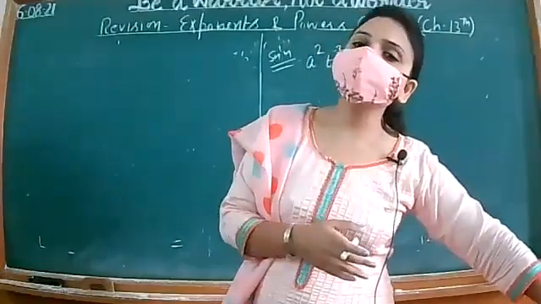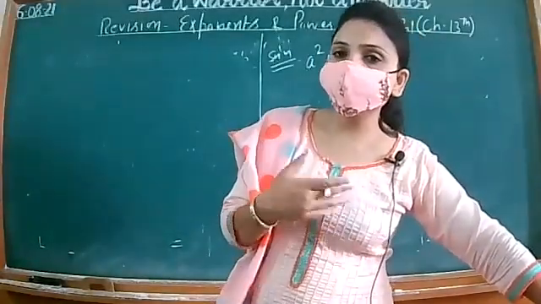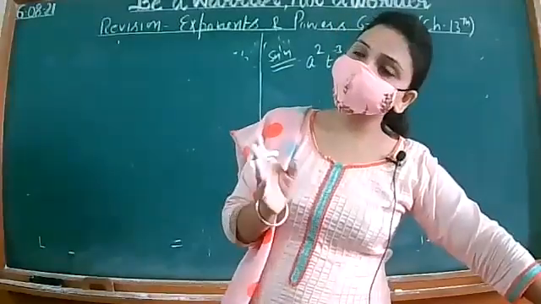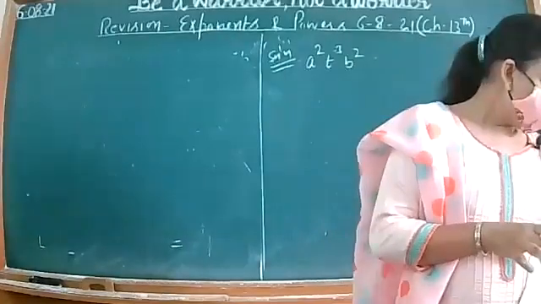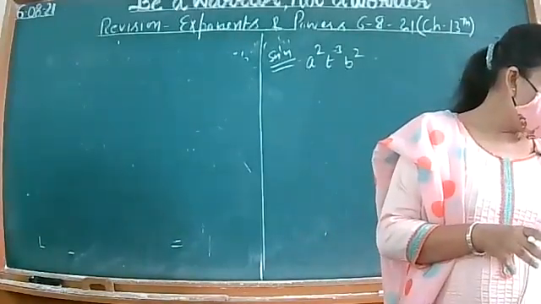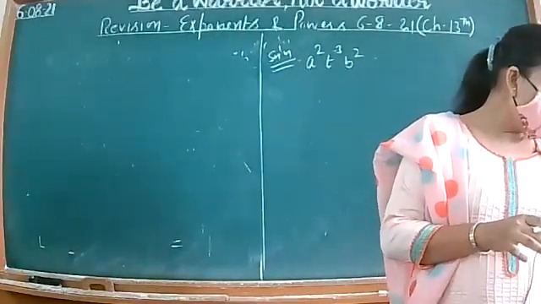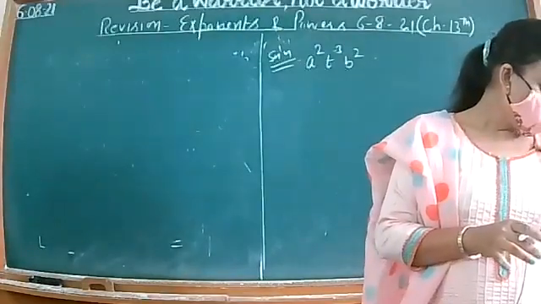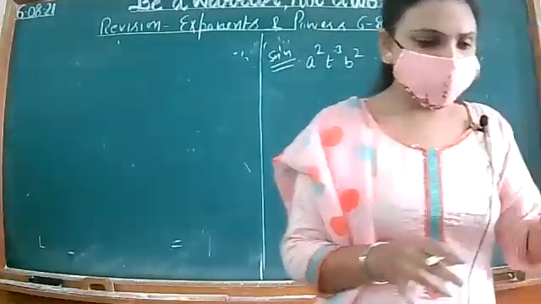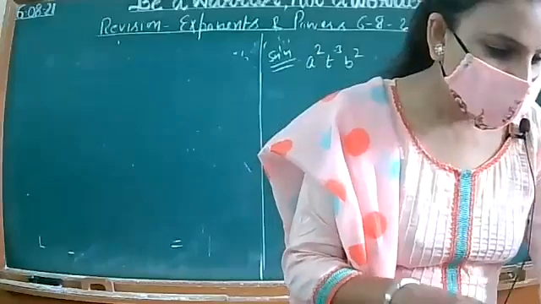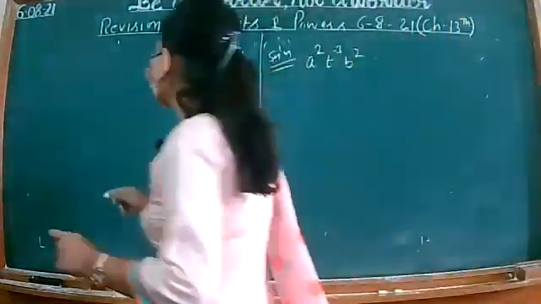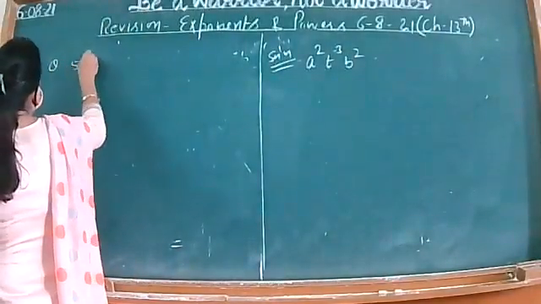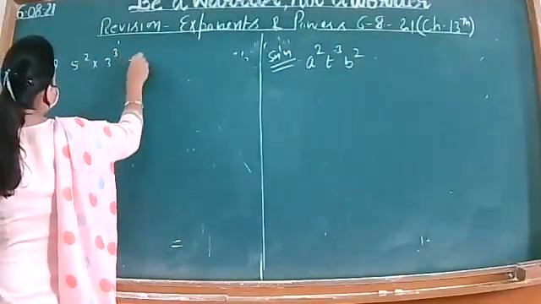I told you that if in the exam it is written to use laws, then you have to use the laws. Otherwise you can do it simply. For example, let us do the simplification. I will tell you side by side, simply as well as with laws. Let's take one or two simplification questions, such as 5 square into 3 cube simplified.